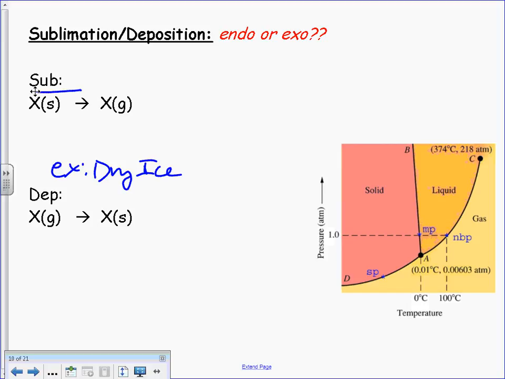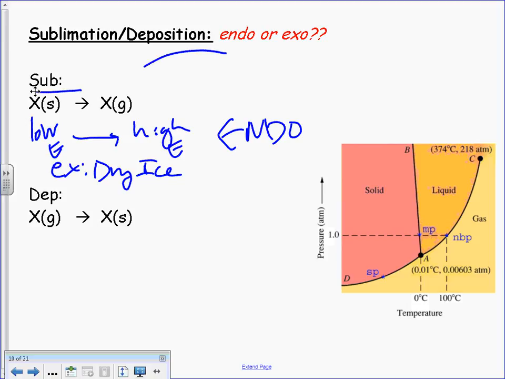So is that one an endo or exothermic process? Again, it's endo. Why? Okay, so we're going from a low energy state to a high energy state, and that's going to be an endothermic process. It requires energy to transition states of matter. It requires energy to go from the solid to the gaseous state.